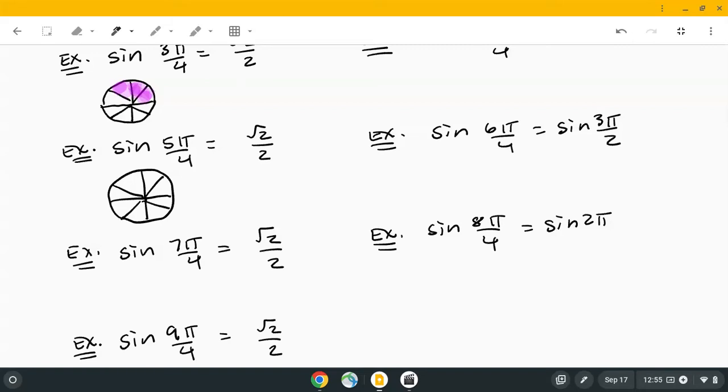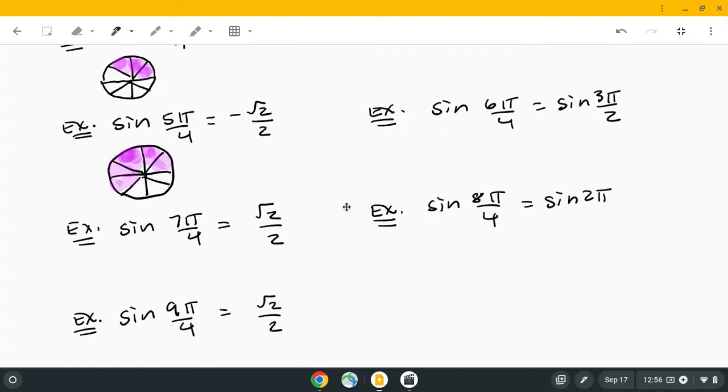If we do the same thing, that's 1, that's 2, that's 3/4, that's 4/4, and here's 5/4. So we see that 5 pi over 4 lands over here in quadrant 3. Sine is associated with the y values, so sine is negative here.